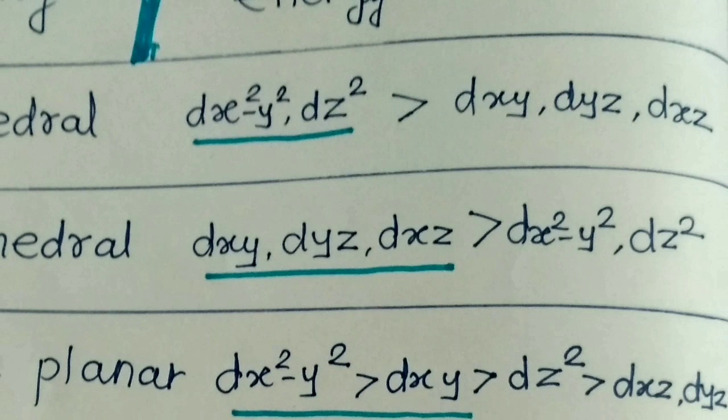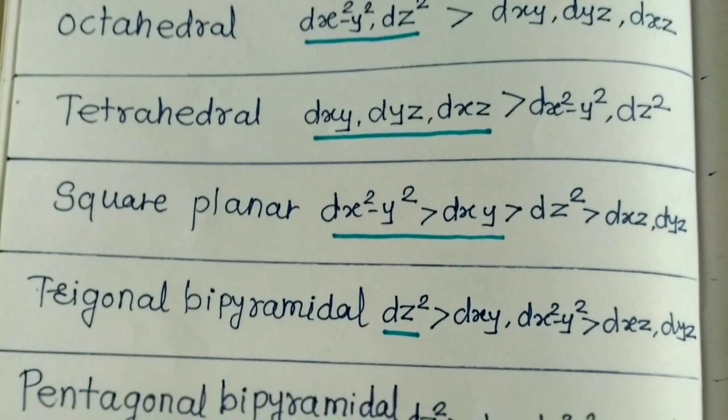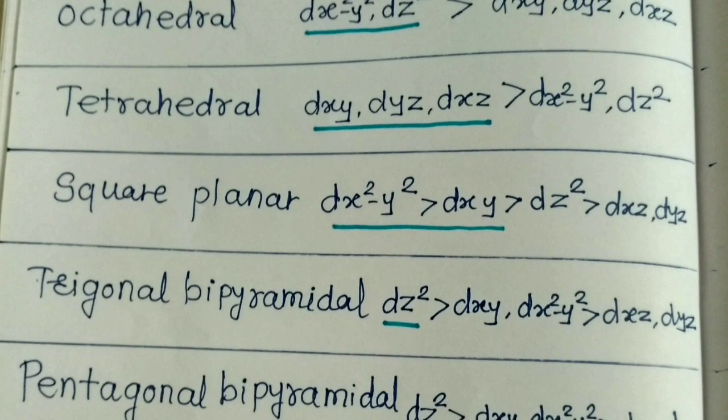Now the next geometry is square planar. In square planar geometry, the splitting is like this: dx square minus y square is at the highest energy level, then below that dxy, after that dz square, and last dxz and dyz.